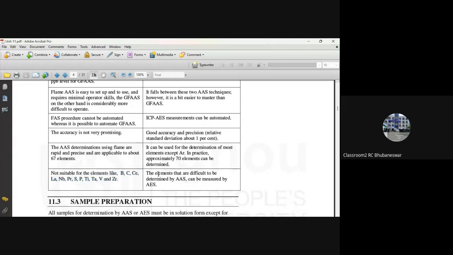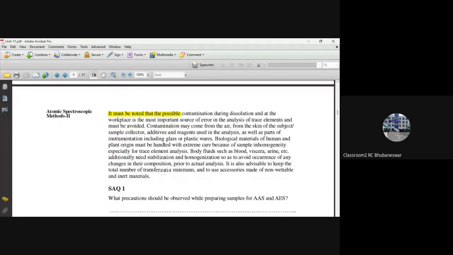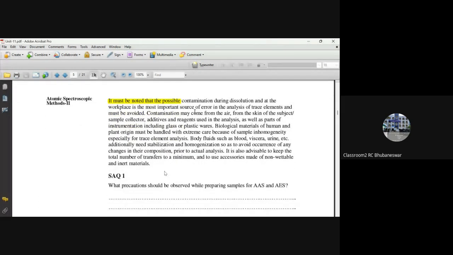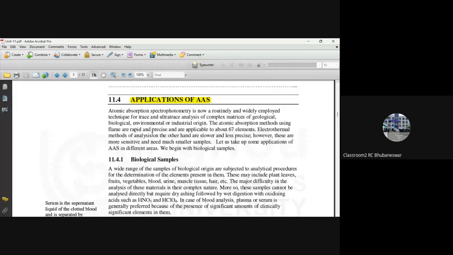Elements that are difficult to study by AAS can be measured by AES, because the thermal source you are using is capable of atomizing most of the elements. Contamination during dissolution, these things I have already told you, that contamination can be of various ways.